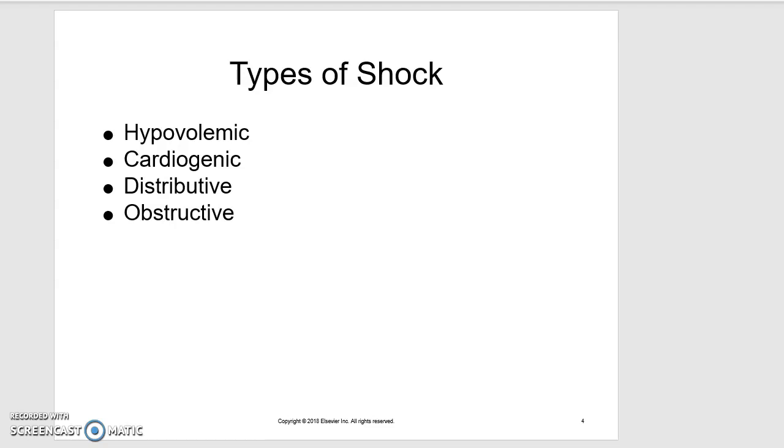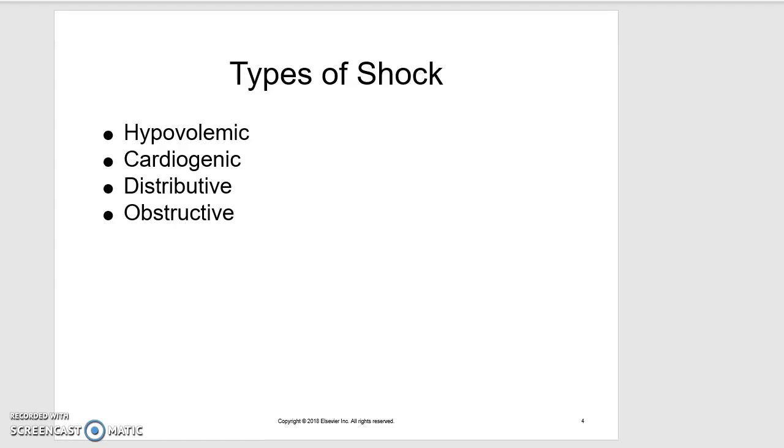Distributive shock occurs when blood volume is not lost from the body but is distributed to the interstitial tissue where it cannot perfuse to organs. It can be caused by blood vessel dilation, pooling of blood in venous and capillary beds, and increased capillary leak. It can then be categorized as neural-induced or chemical-induced.